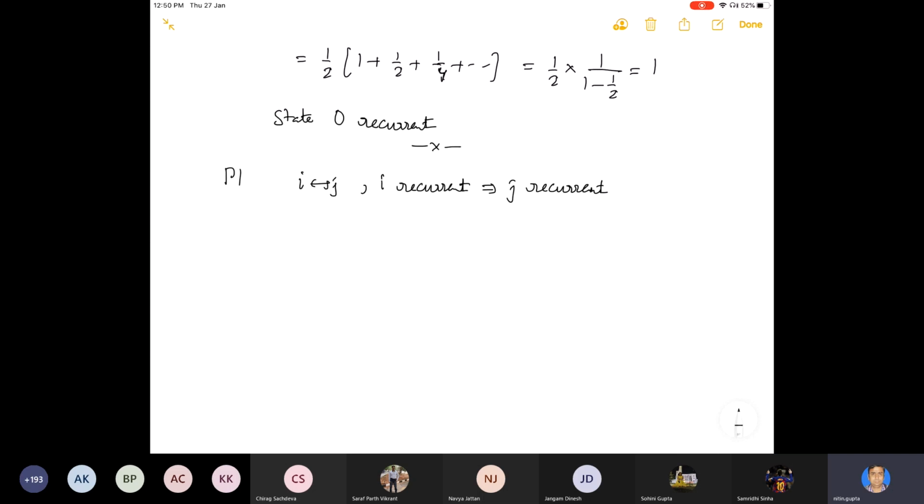Now, because it is given, that means there exist n and m such that P_ij^(n) is positive and P_ji^(m) is positive, that is i and j communicate, and i is recurrent, that means the sum of P_ii^(nu) from 1 to infinity diverges.